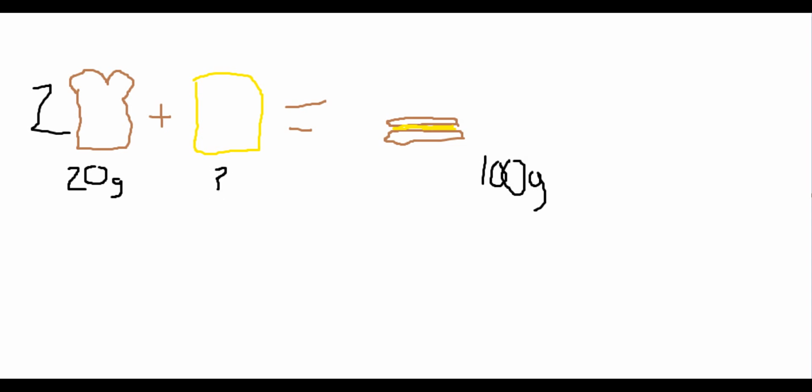We'll also be able to figure out how many grams of grilled cheese sandwich we will get with 20 grams of bread and 10 grams of cheese. These are all different things that we can figure in stoichiometry, but we'll explain how specifically to do that along the way.